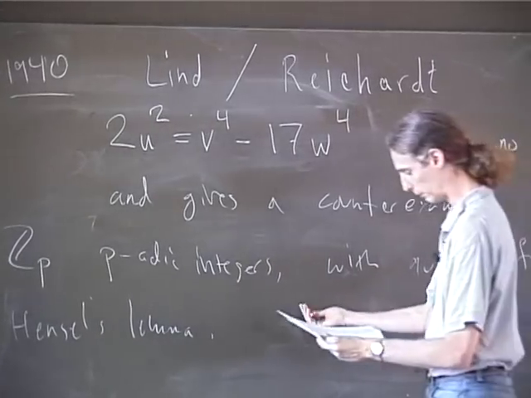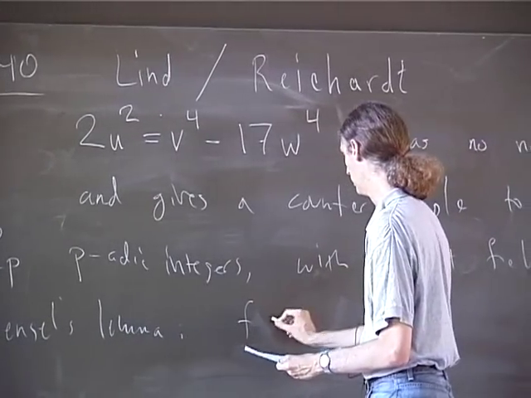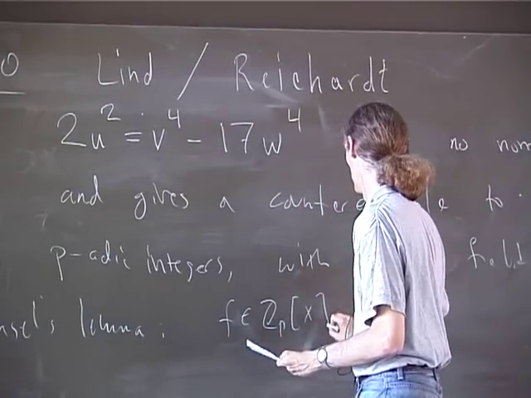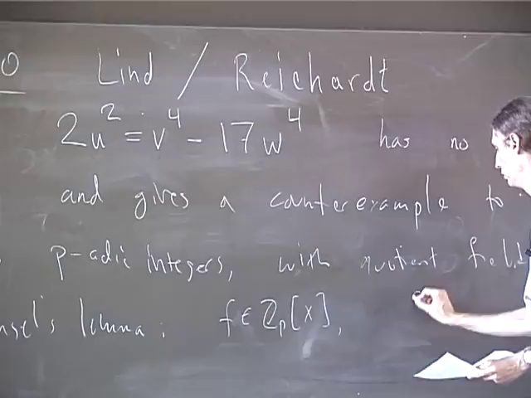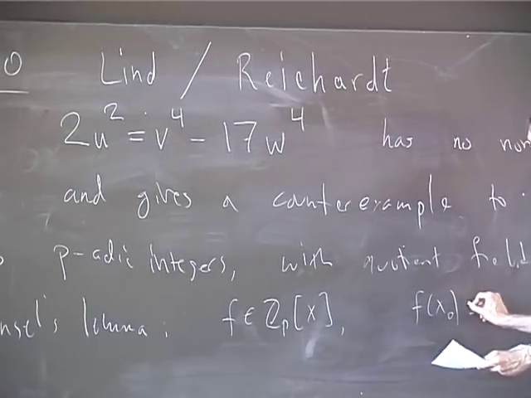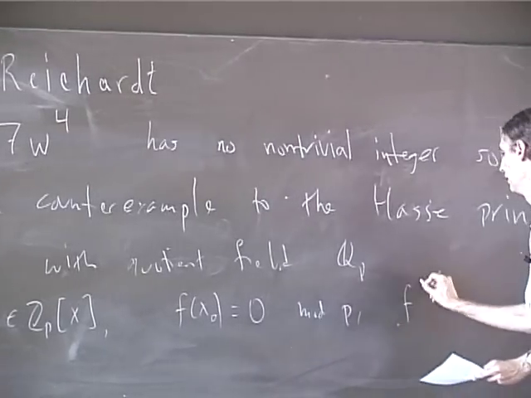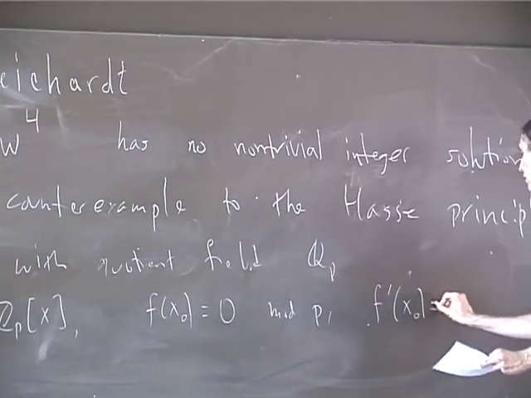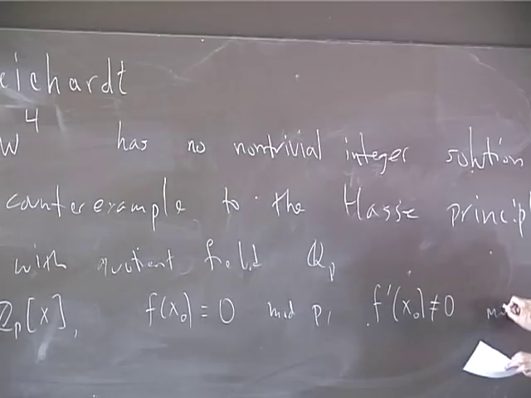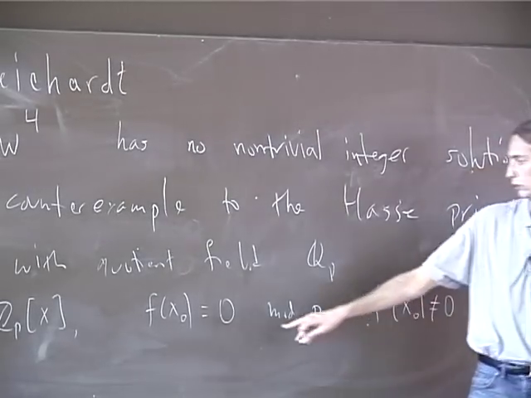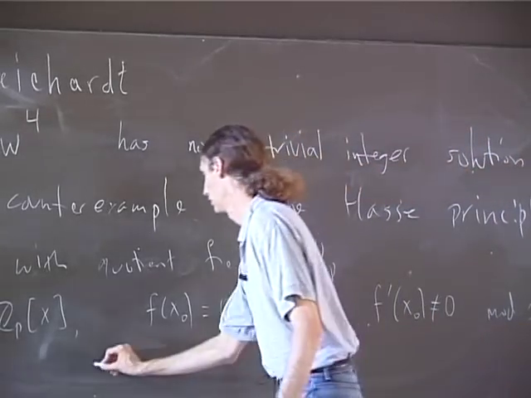Or just in terms of equations, if you have some polynomial, and let's say you have a solution f of x naught is 0 mod p, so it's some statement like this, that if you have a smooth point, then it lifts.